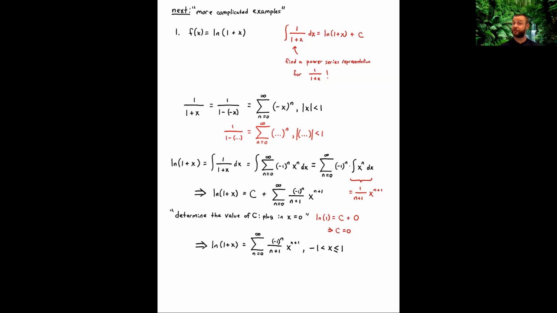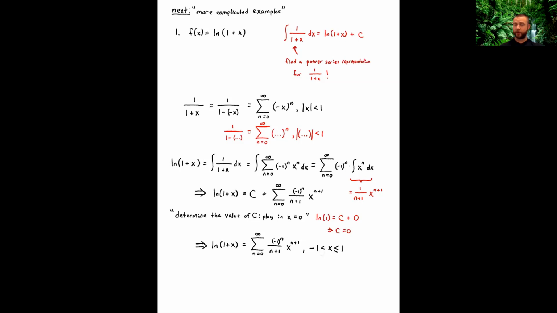You all recall natural log of 1 is 0. So we get 0 equals c, so c equals 0, and that gives us a completely determined power series representation for natural log of 1 plus x.